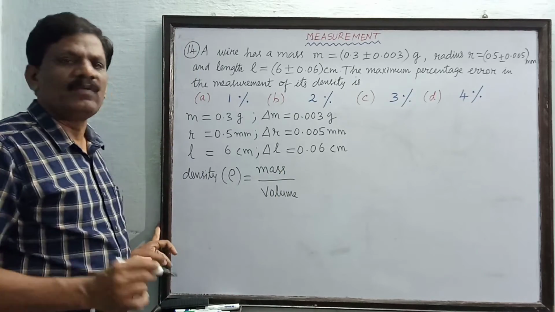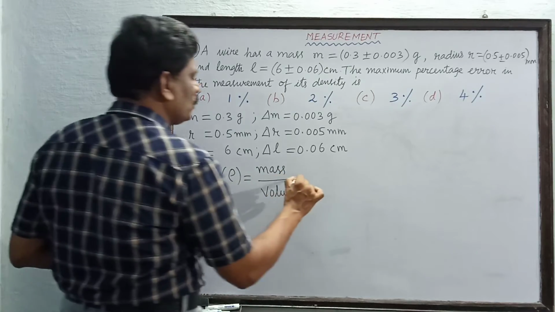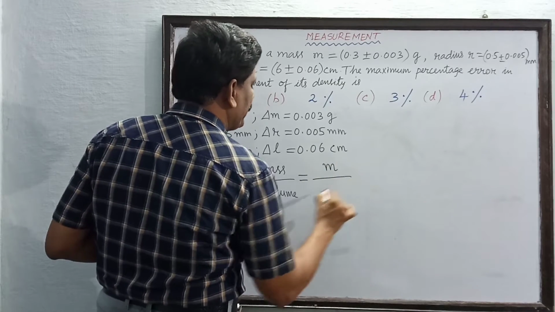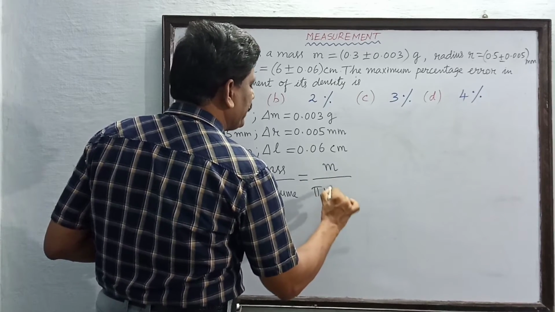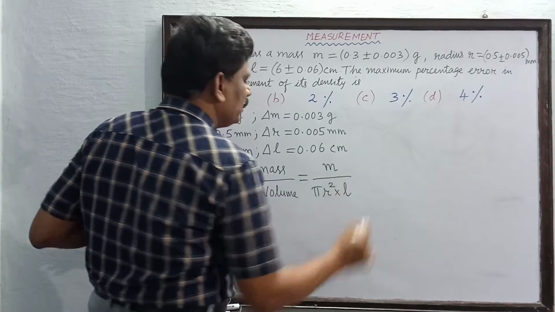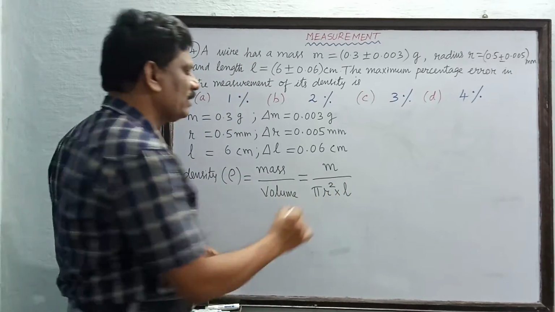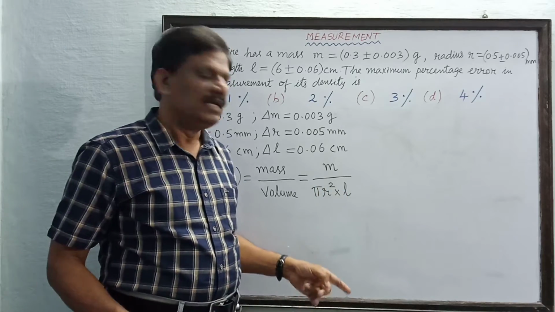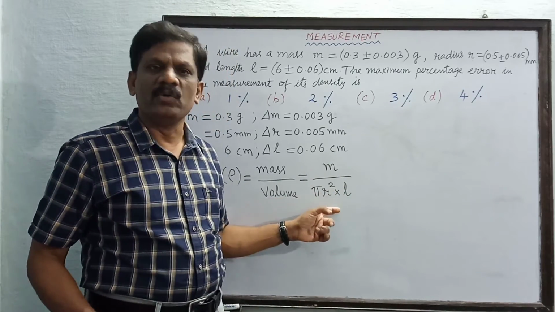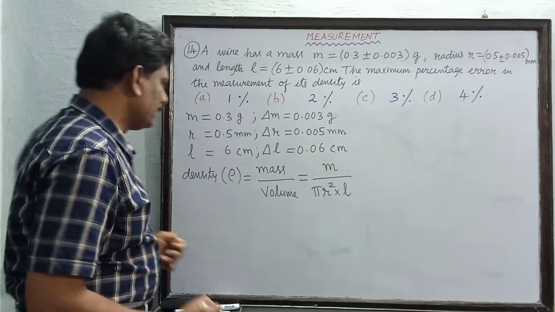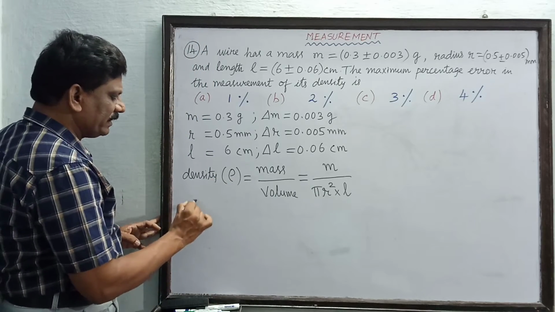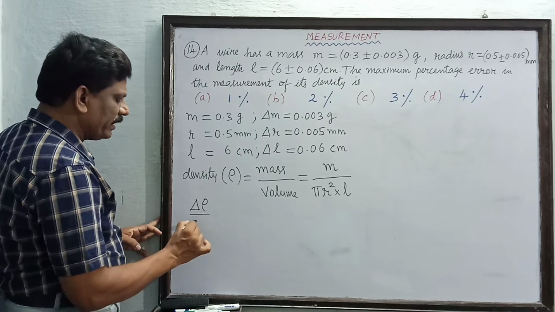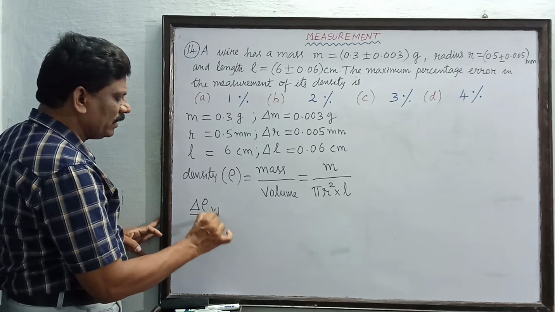Now it is a cylindrical wire, is it not? So this is equal to mass divided by pi r square into length. Area of cross section of the wire is pi r square, into length of the wire, small l. So mass by volume. Okay, students. Therefore, now the percentage error in the density is delta rho by rho into 100.